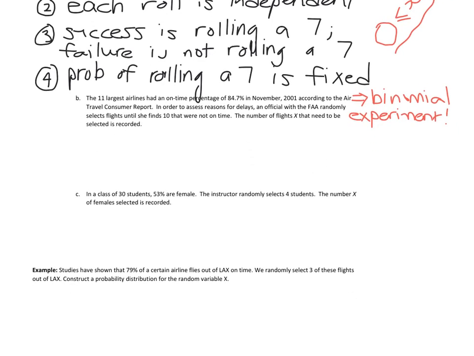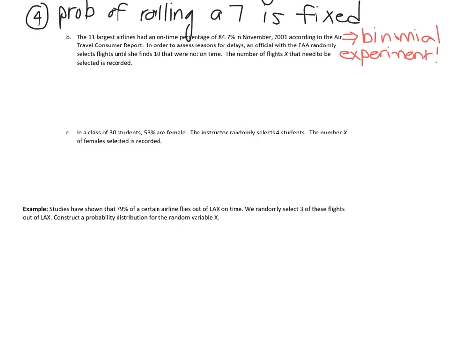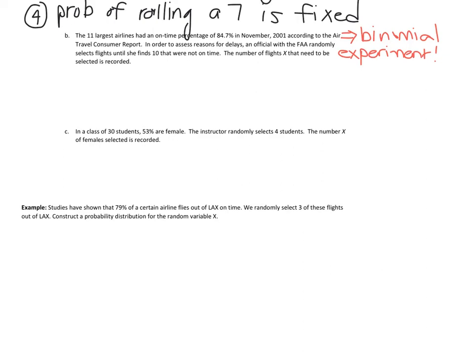The largest airplanes had an on-time percentage of 84.7% in November. In order to assess reasons for delay, an official with the FAA randomly selects flights until she finds 10 that were not on time. The number of flights that need to be selected is recorded. So is this a binomial experiment? No, not a binomial experiment, because the number of trials isn't fixed.